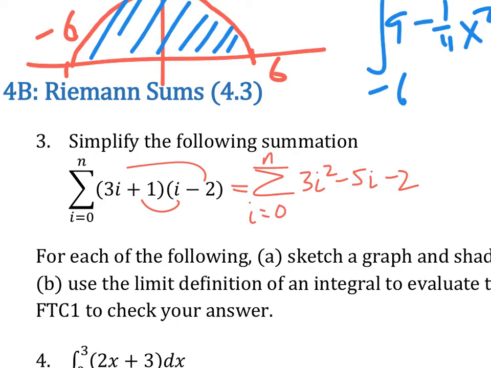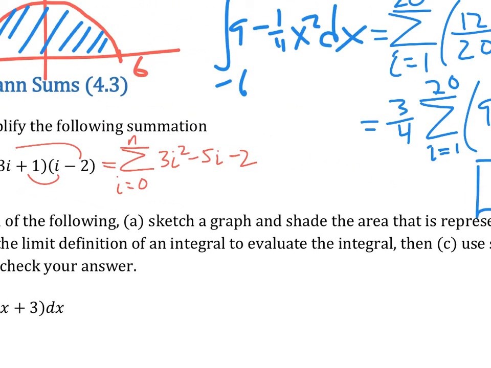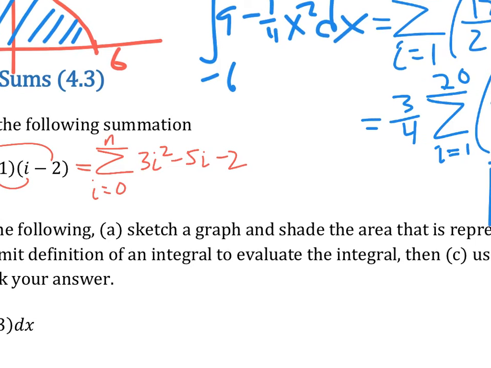So a little twist here, and I don't think you would see this on a test. That would be kind of mean if it does. We'll usually go from 1. So we need to plug in 0 and figure out what the 0 term is. If you plug in 0 here, you get 3 times 0 minus 5 times 0 minus 2. And so you get a negative 2.